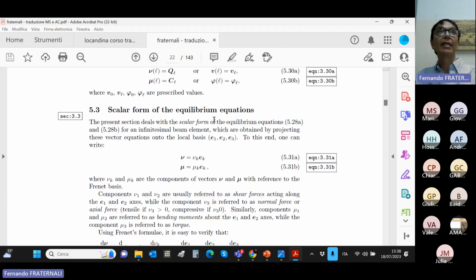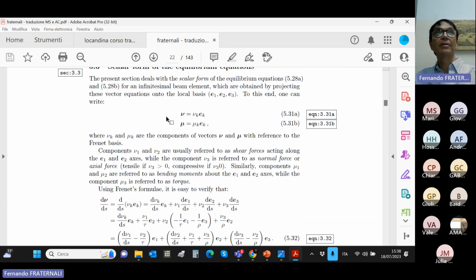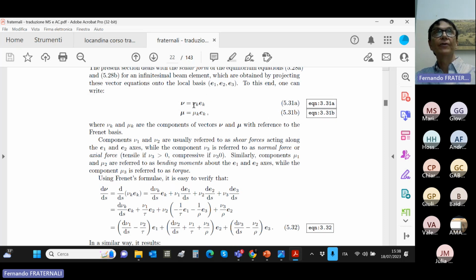When we expand this derivative into components, we have to differentiate both the components of nu and the base vectors, because this triad of Frenet vectors changes along the axis line.